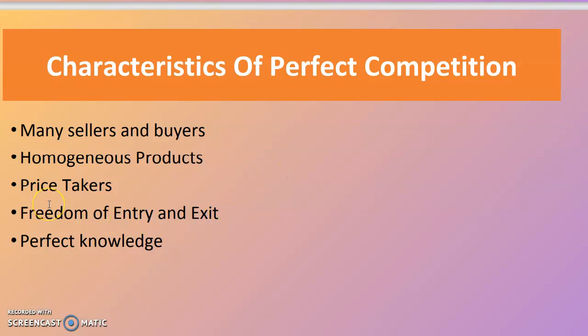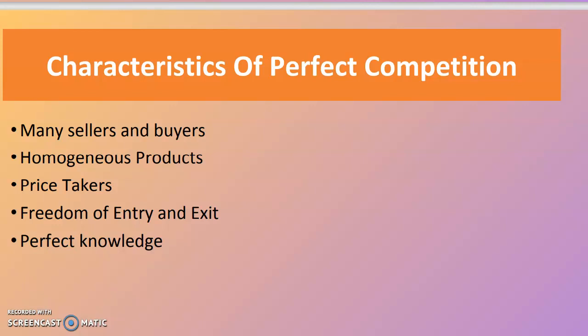The third characteristic is that perfect competitors are price takers. Since each firm has a very small share in the market, the firm has no significant control over the market price. That's why they just take the price as given by the market, meaning they are price takers.